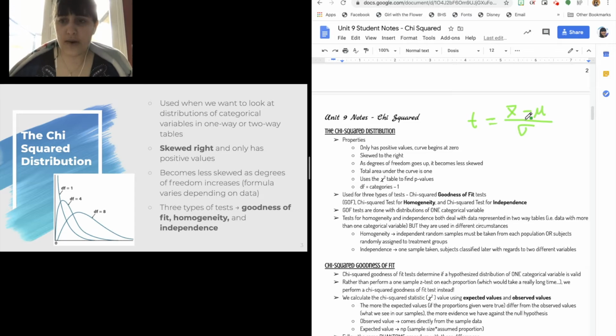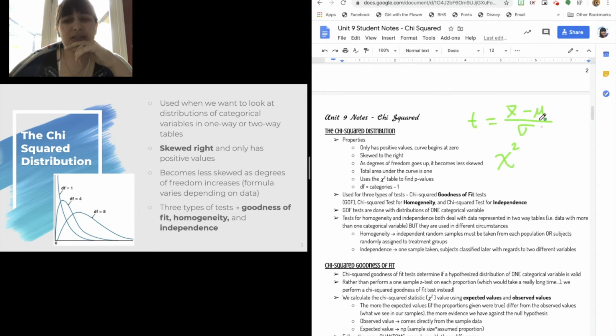Chi-squared has a formula that's similar to this. When we're doing chi-squared tests, the goal is to get a chi-squared value. The symbol for chi-squared looks like a fancy X squared, like it actually is something squared. There's a formula for that, which I'm going to show you in a second.